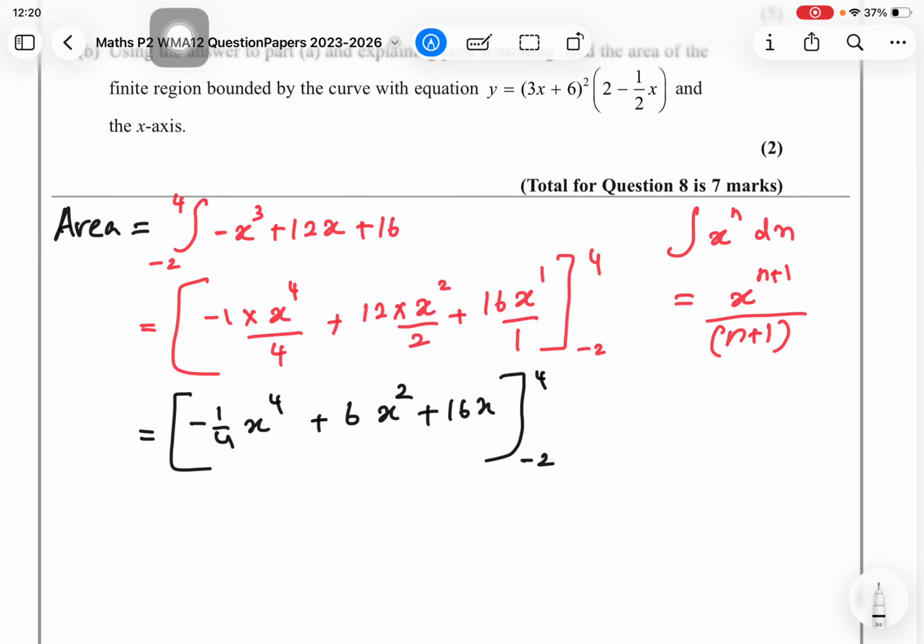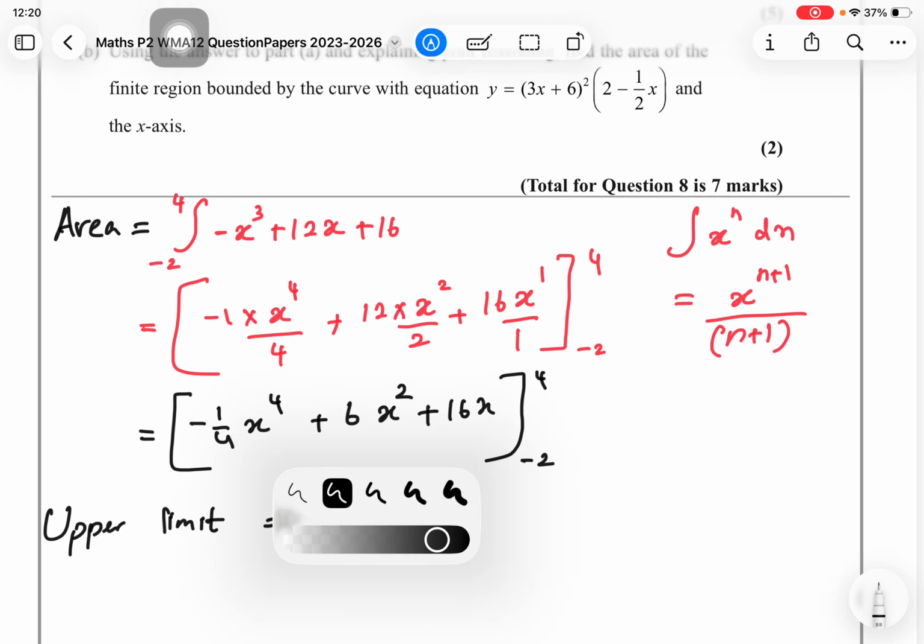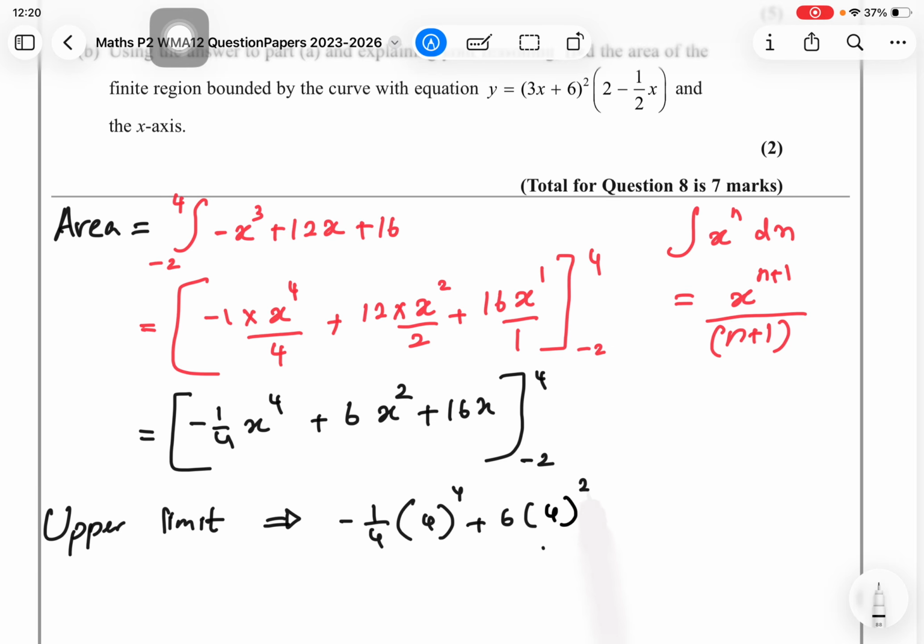Okay, so now you can take the upper limit. Substituting 4 in place of x: −(1/4)(4⁴) + 6(4²) + 16(4), and you get 96. The other one is the lower limit.